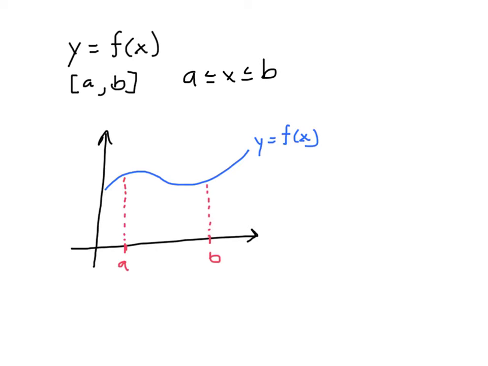So a is less than b for sure. And we're going to be concerned with values that are between a and b. Anything in here between a and b are values of x that we're going to be concerned with for this function.